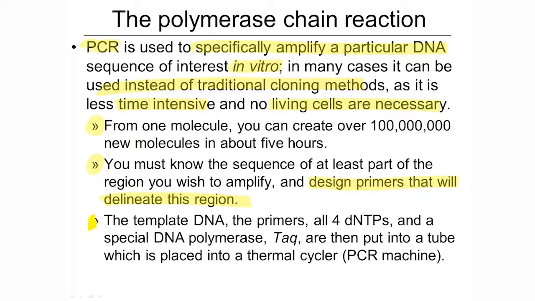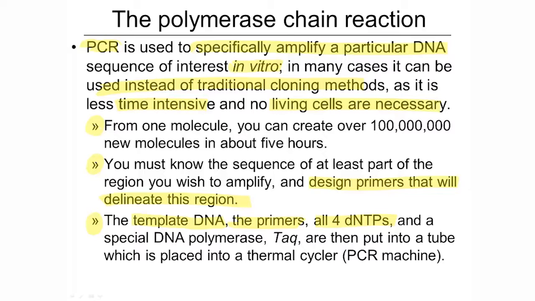Okay? So here are the tools that you need to do PCR. You need a template DNA, which could be just genomic DNA that you found somewhere. I'm using this forensic thing just because people are into that, but it doesn't have to be. You need primers that you designed. You need all 4 of the dNTPs. Maybe it didn't dawn on you because I didn't say it yet, but what you're basically doing here is a special type of DNA replication in vitro.